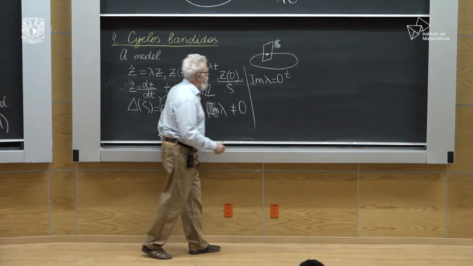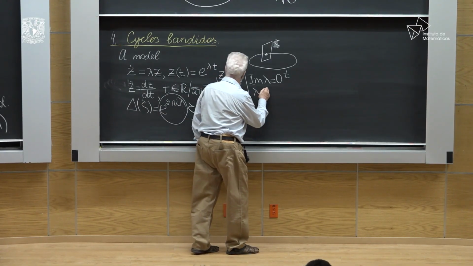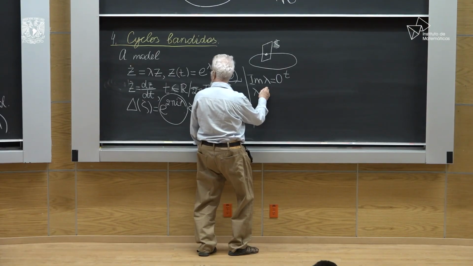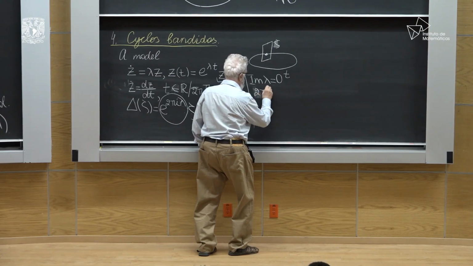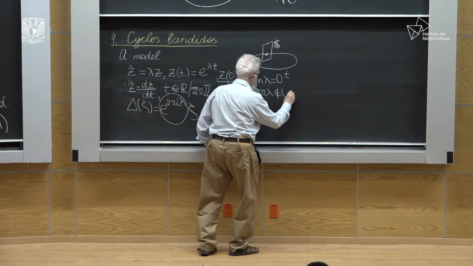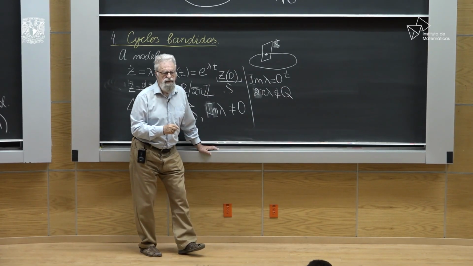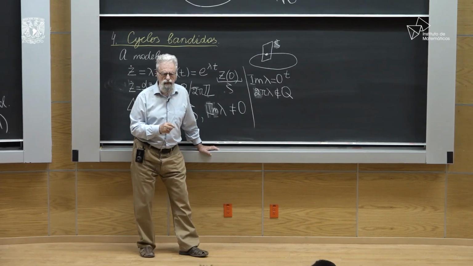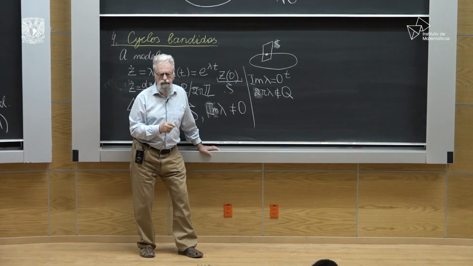So when 2 pi lambda is irrational, what may be said about the orbit of this linear map?